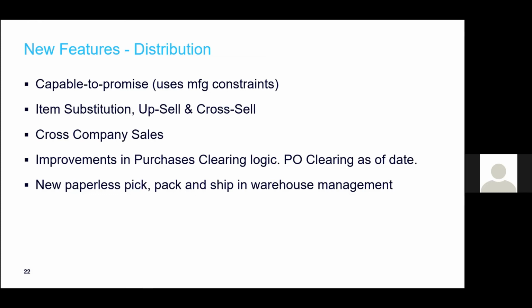It mixes all those up and comes to a date where it says, hey, you can promise this quantity on this date, and that's what you're able, God willing, to tell the customer is a capable to promise date.